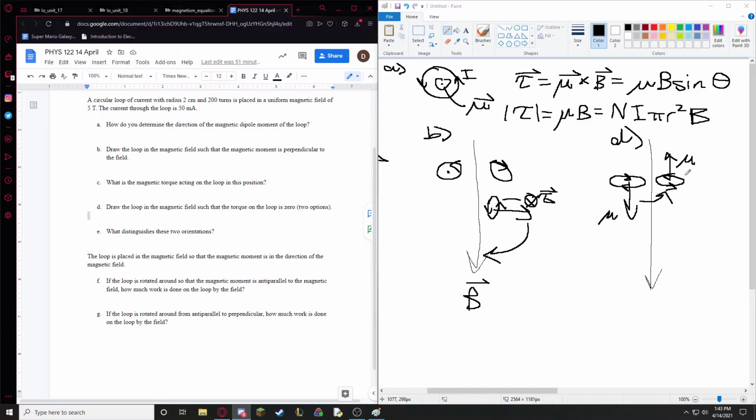I think the work will be, let's see, because it's being moved in the direction of the magnetic field, it'll be going down the hill in that kind of sense. So it'll be losing energy.